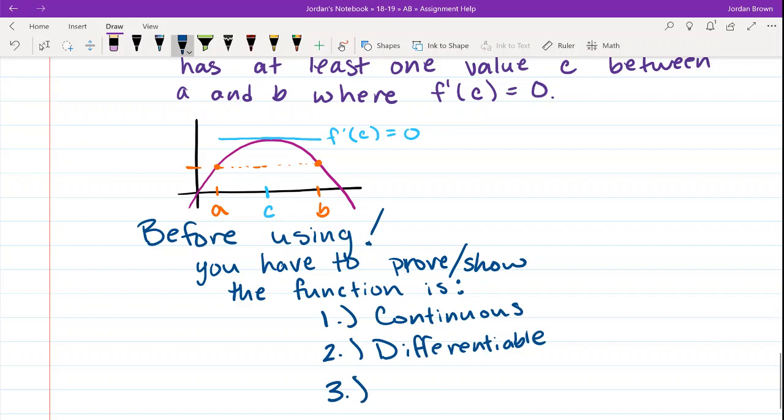And then, lastly, that the ending y values are equal. Are you all with me so far? Cool.